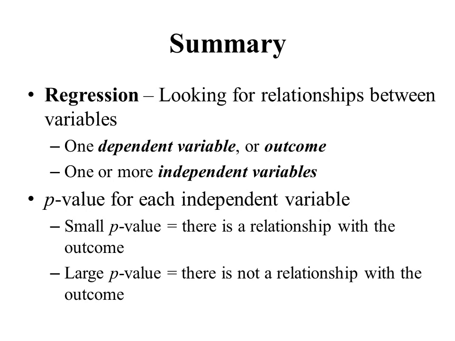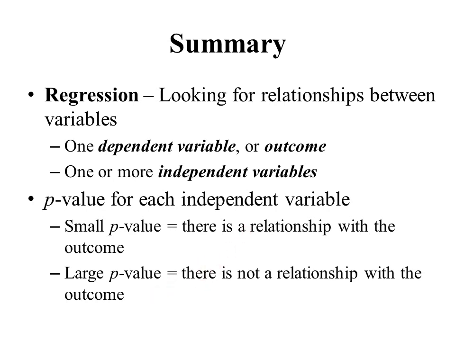When we do regression analysis, we get a p-value for each of our independent variables. The way we can interpret those p-values is that a small p-value means that there is a relationship between the independent variable and the outcome. A large p-value indicates that there is not a relationship with the outcome.